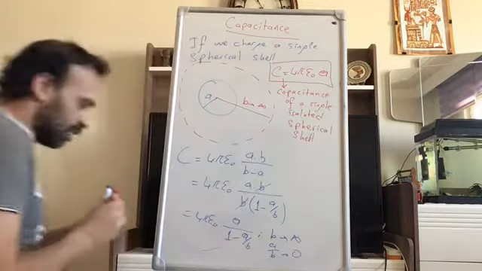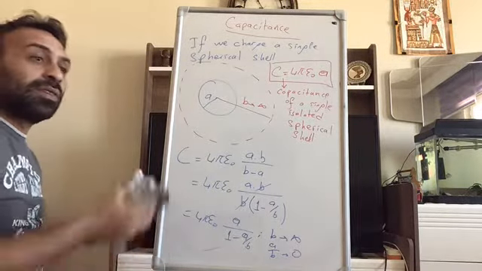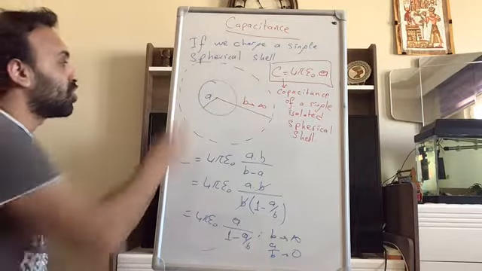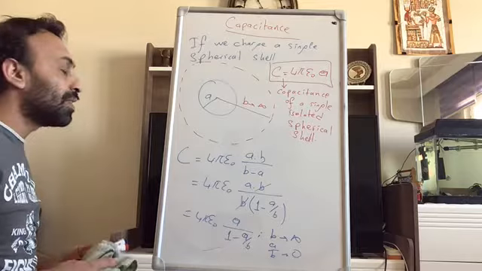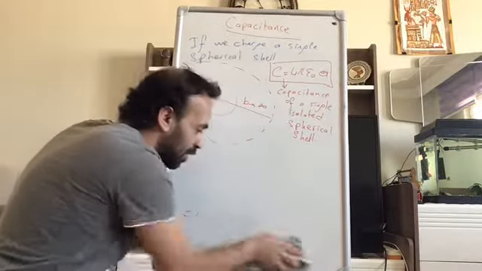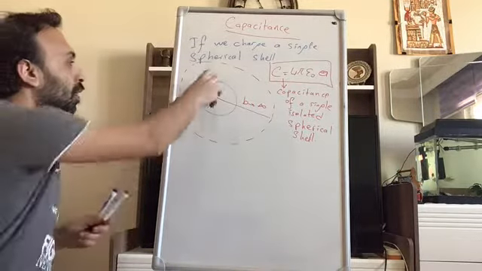All right, so let me remind you about the energy stored in the capacitor over this discussion. If you want to charge this spherical shell, you need to spend some energy. How much energy do you need to put some charge Q on this spherical shell?